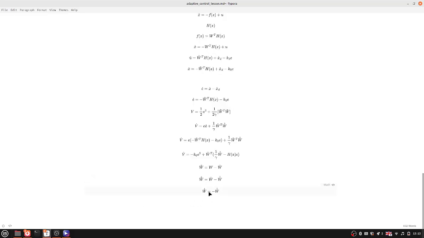So now W hat dot is our adaptive law. This is something we can choose. So we need to look at a W hat dot in this equation. It's over here. And what do we need to make it equal to cancel out this bracket altogether?